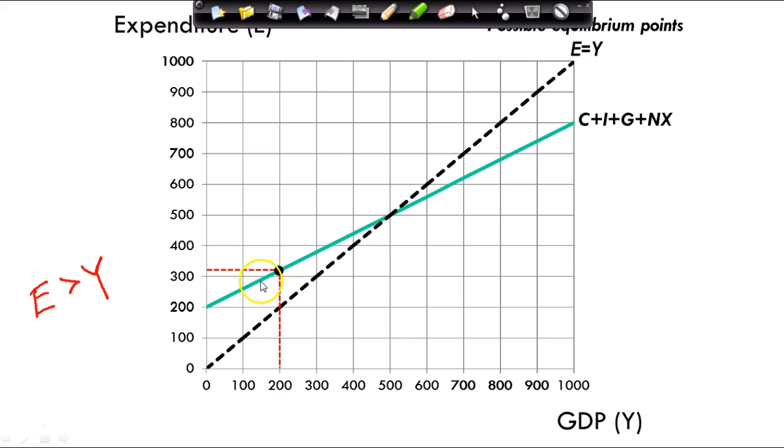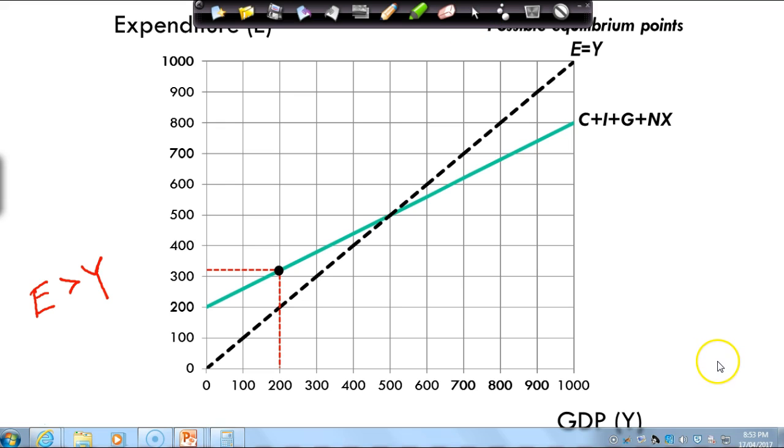Income is 200, expenditure is 320. In that case, since expenditure is greater than income, or expressed in a different way, the aggregate demand for goods and services is greater than the production of goods and services, this encourages firms to increase production.